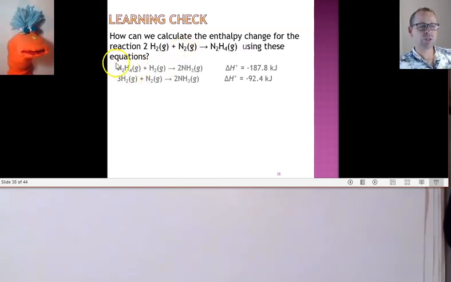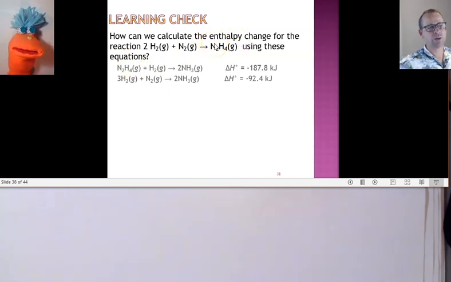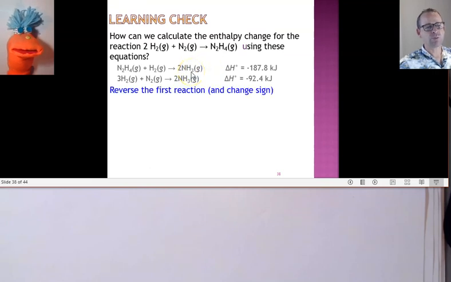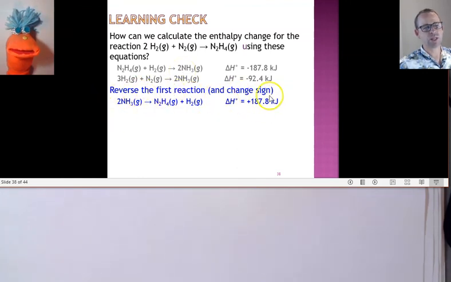Okay, good. So you've noticed that the N2H4 that we need to have needs to be on the product side, right? Yeah. So what we're going to do is we're going to first reverse that first reaction, right? If we reverse the first reaction and then just change the sign, now we have another chemical reaction here available to us that we can use to maybe add to the second one here and get that answer.